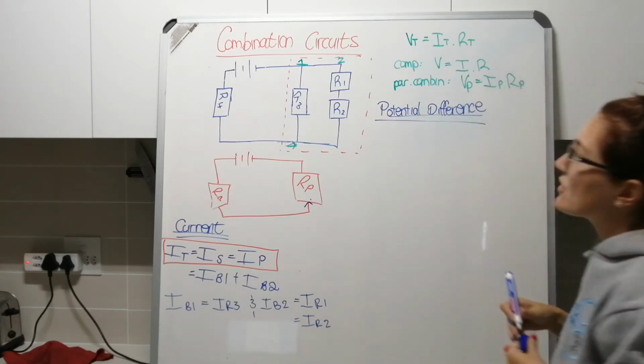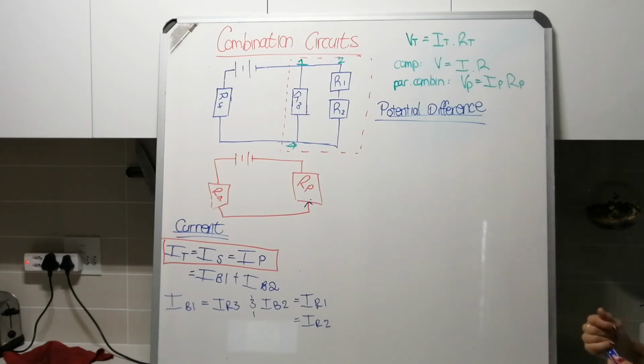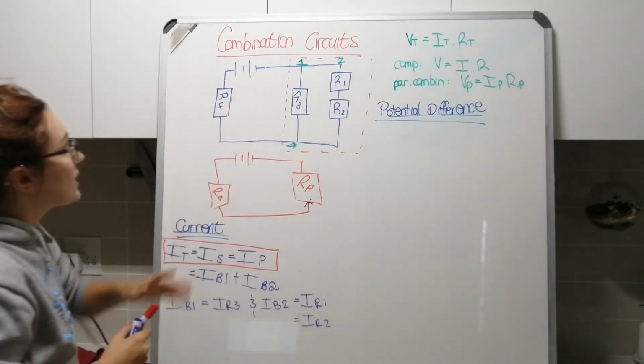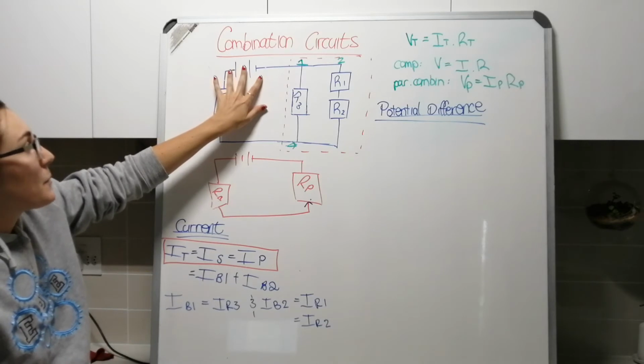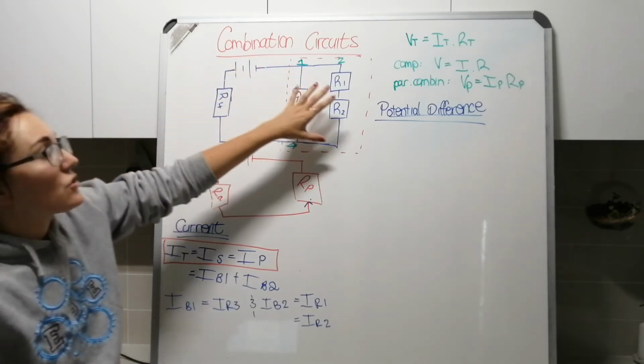With potential difference, again, we're using the fact that we know how potential difference works in parallel circuits and in series circuits, so we just have to work out what it will look like in a combination circuit. In the series part of our circuit, the total potential difference, the terminal potential difference of the battery, is equal to the sum of the series potential differences.